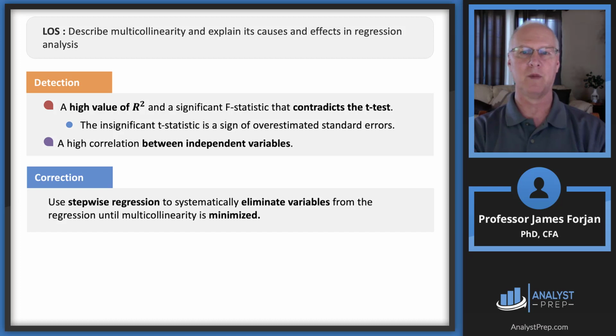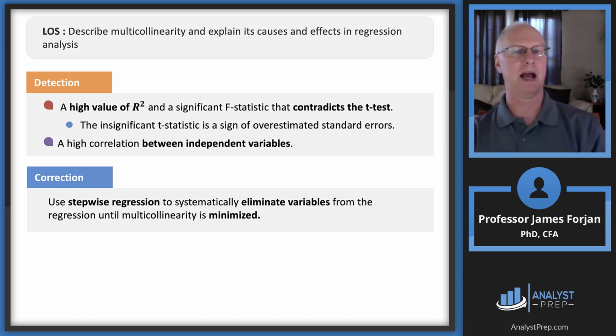Going back to my original example, we have a measure of inflation as an independent variable, and then what did I add? The return on the Canadian dollar versus the US dollar. Well, those may seem, at least on the surface, like they might not be related.